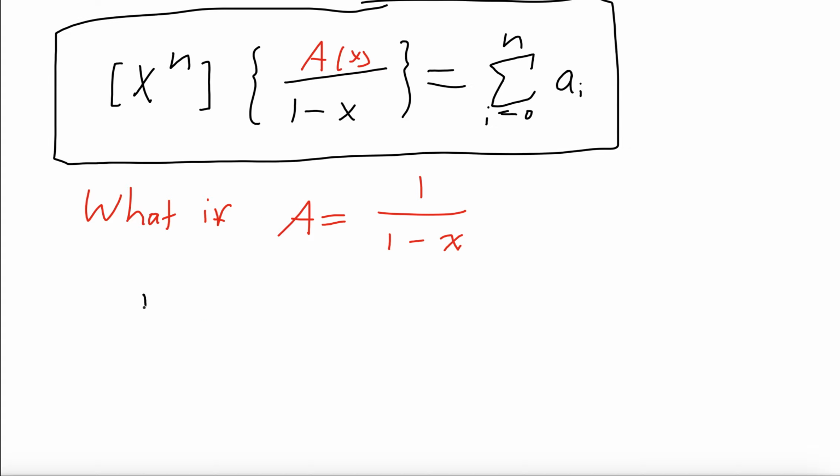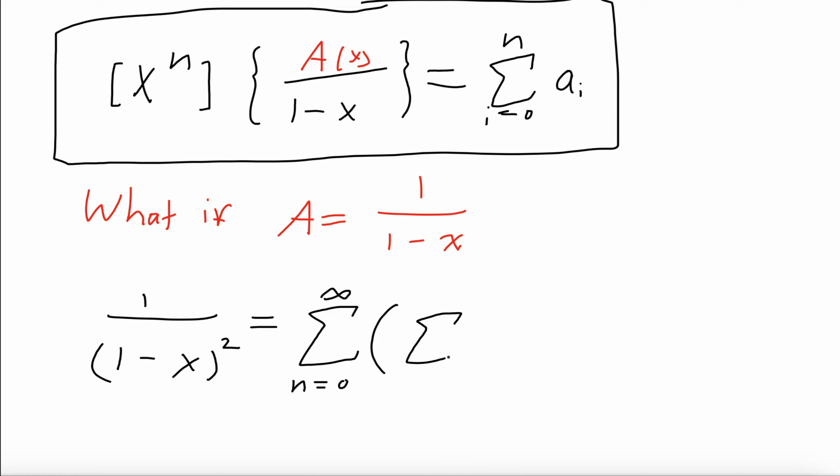We have 1 over 1 minus x squared now, like this, is going to equal the sum, by the formula we have for convolutions, of n going from 0 to infinity of, in parentheses, a sum as i goes from 0 to n of what? Well, our a sub i sequence is simply going to be 1, so a sub i equals the 1 sequence, and b sub i is also equal to the 1 sequence, so we just have 1 over here.